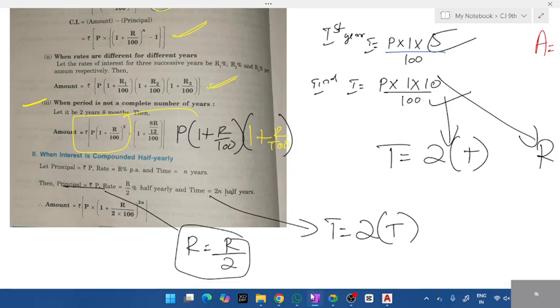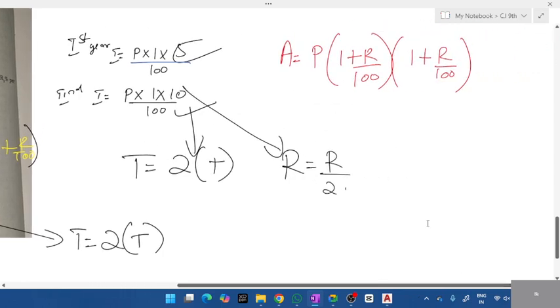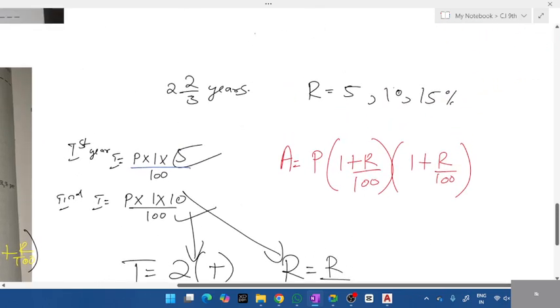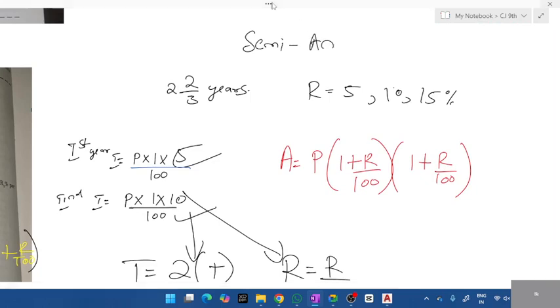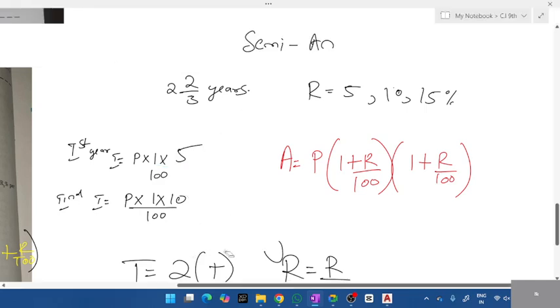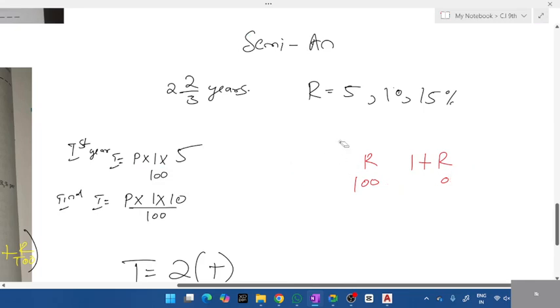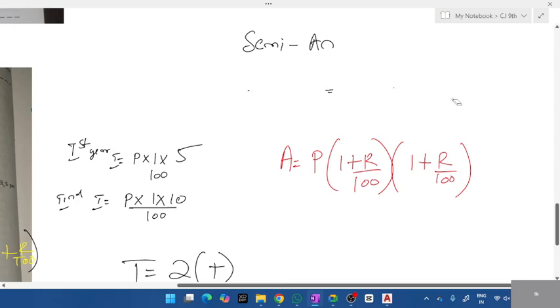Okay, so when they ask semi-annually, now the semi-annual concept. Look at this, semi-annual.